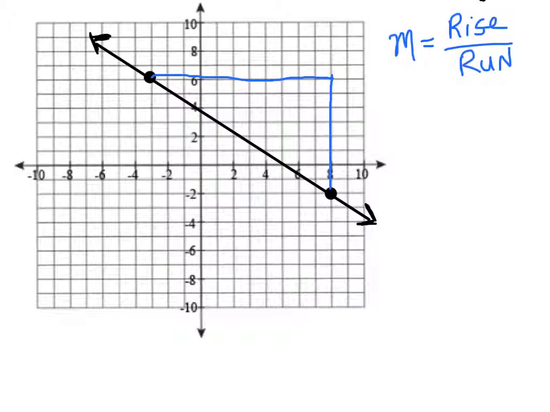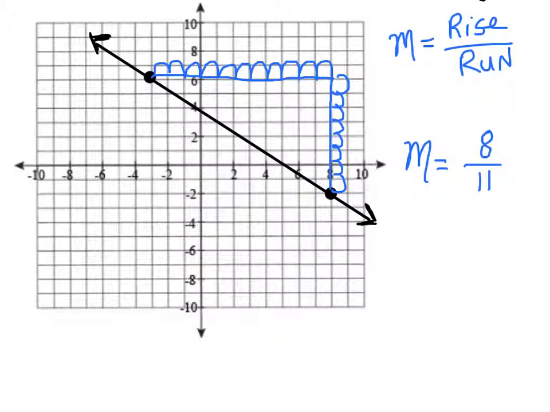So if I start with the run, I have 1, 2, 3, 4, 5, 6, 7, 8, 9, 10, 11 units in the run. So the run is 11, and I have 1, 2, 3, 4, 5, 6, 7, 8 units in the rise.